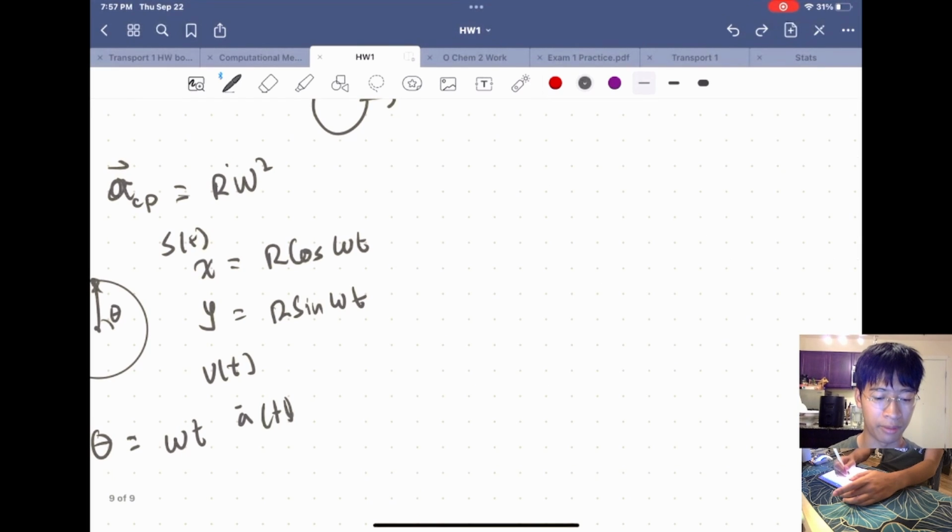If you want to double derive this, so dx with respect to time, all this is the negative of what's chain rule, right? If I'm deriving with respect to t, that omega has got to come out. And if I'm double deriving, well, it's got to come out twice. So r omega squared, and then just square the trig.